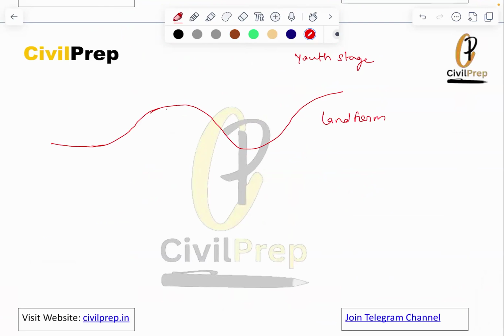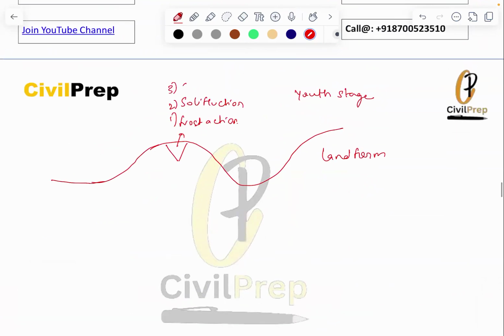here we will see that there is certain cross section, then number two, solifluction, number three, jellyfluction, number four, river water erosion, number five, nivation, which is resulting into nivation hollows.